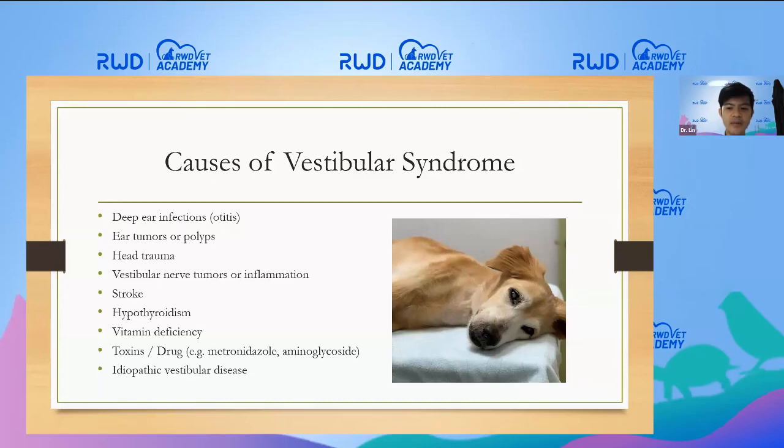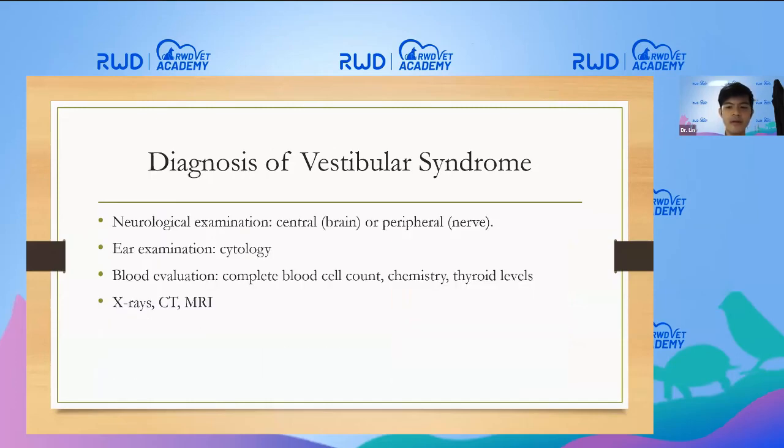Some animals, particularly old dogs and cats, develop vestibular syndrome and yet no cause can be detected, despite extensive investigations. This is called idiopathic vestibular disease. There are several other diseases that can cause similar symptoms.